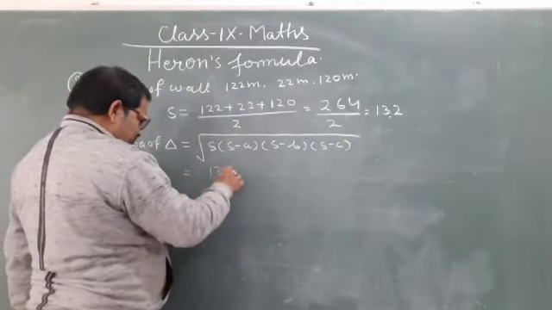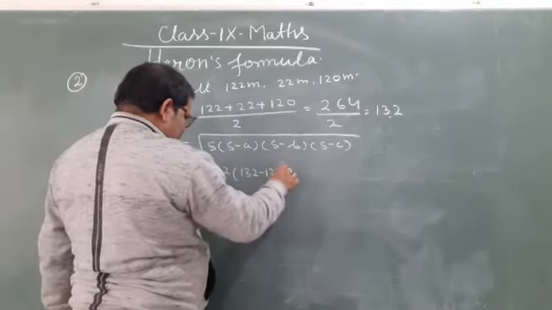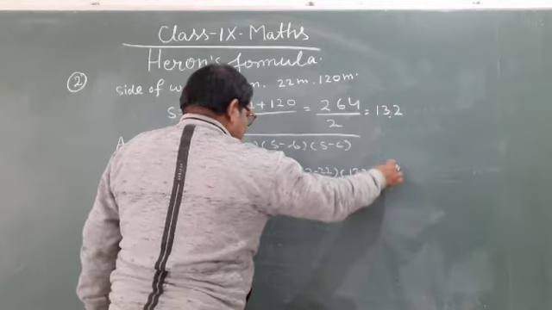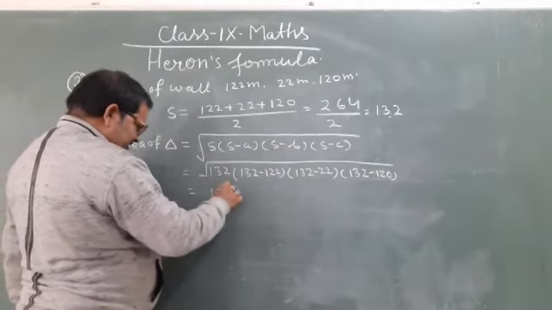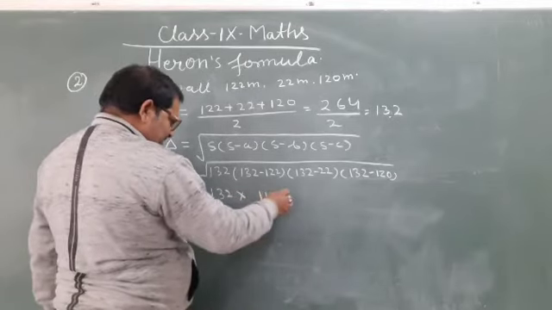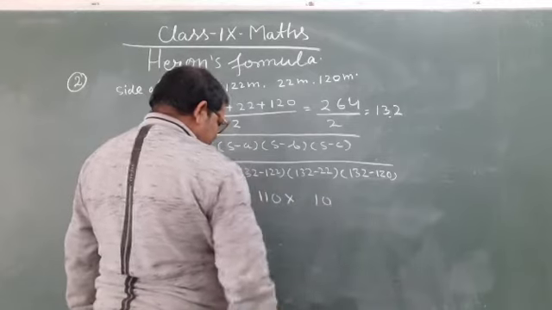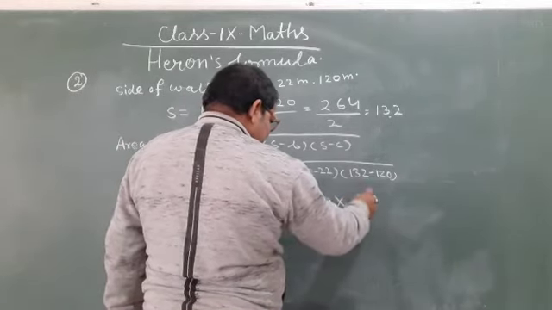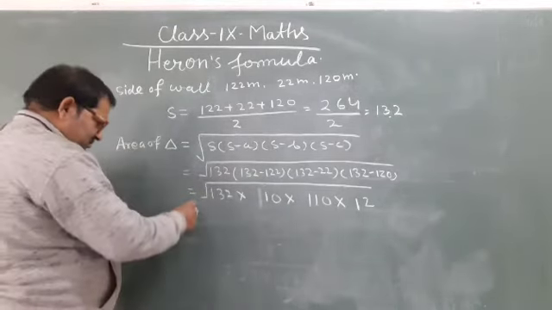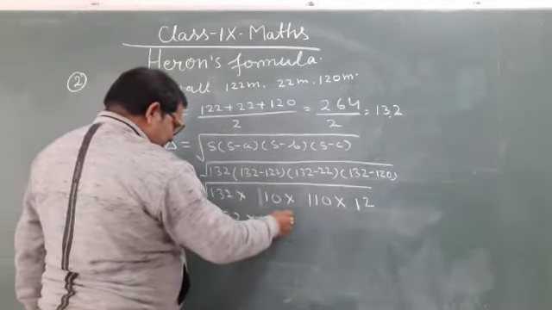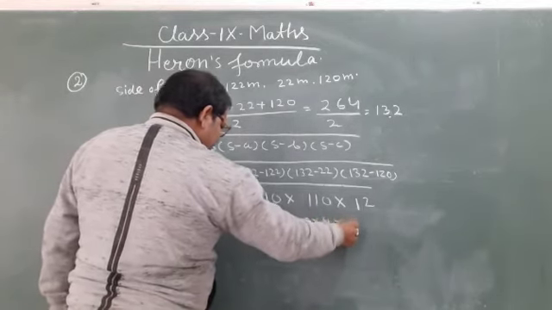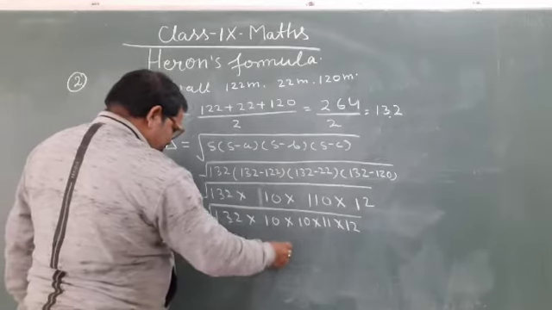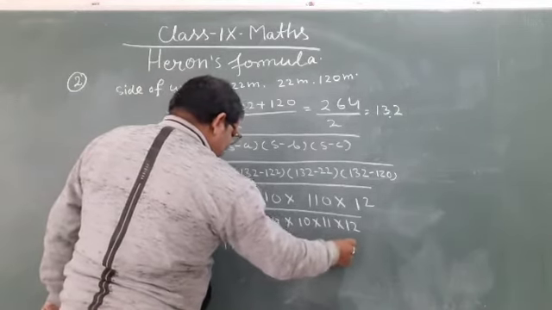So 132 minus 122, 132 minus 22 and 132 minus 120. 132, 10, 110 and 12. 132 into 10 into 110 into 12, that is 11 into 12 into 10 into 10, 11 into 12.